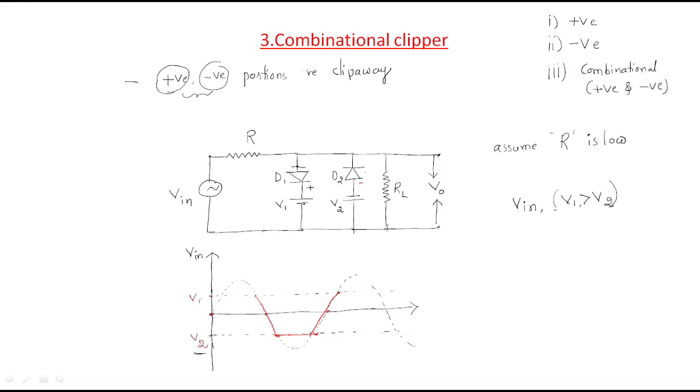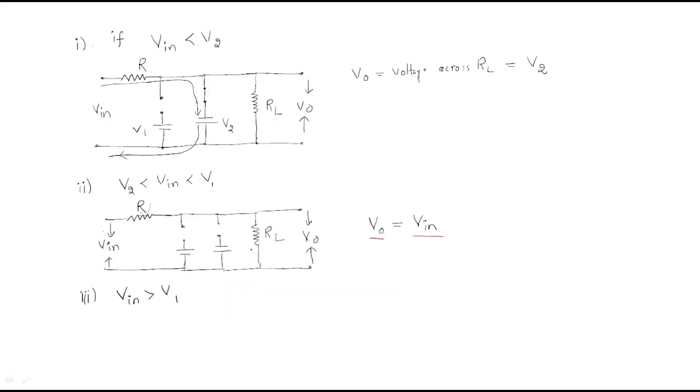So that's why we will redraw the circuit like this. The sinusoidal voltage, the resistor, and this diode will be on, and it has positive V1.